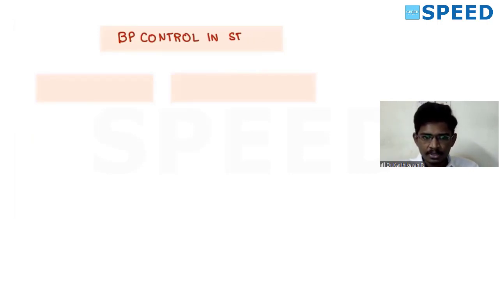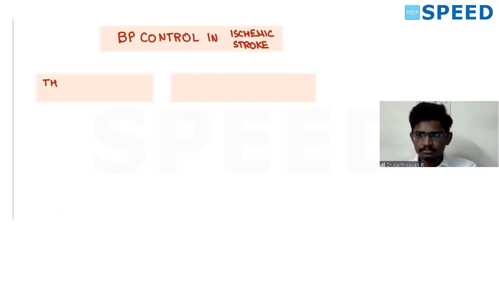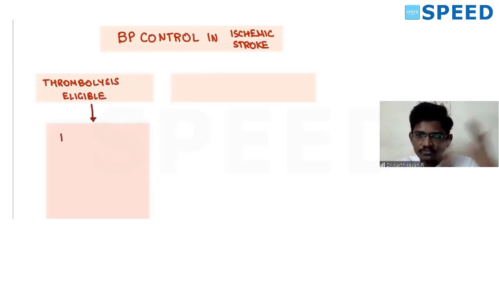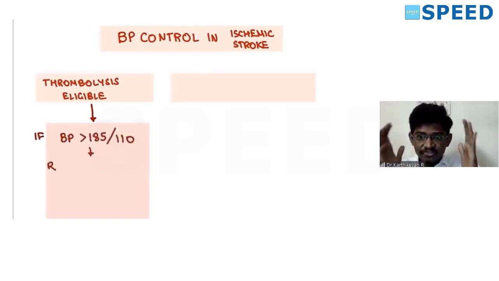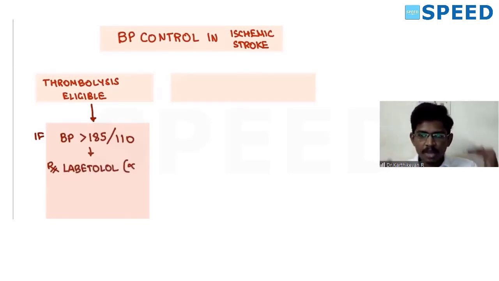Next, let's see the BP control. In case of stroke, you should first plan whether the patient is eligible for thrombolysis or not. If the patient has come to you within 4.5 hours, then he is eligible for thrombolysis. If he is eligible for thrombolysis, your BP control should be aggressive, meaning BP should be less than 185/110.